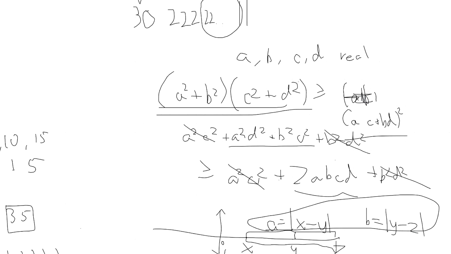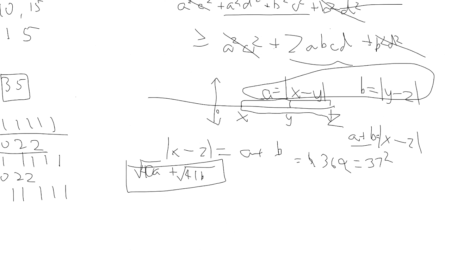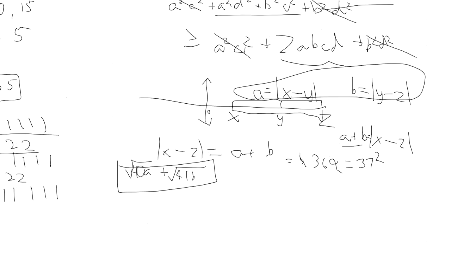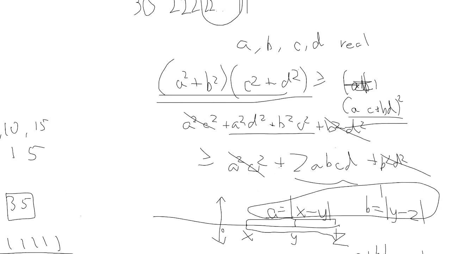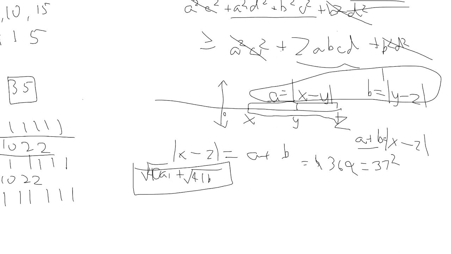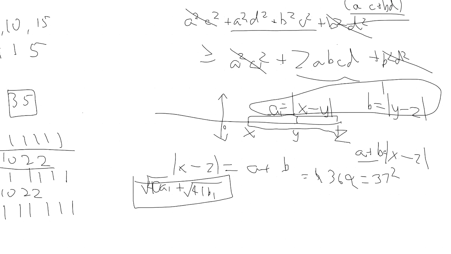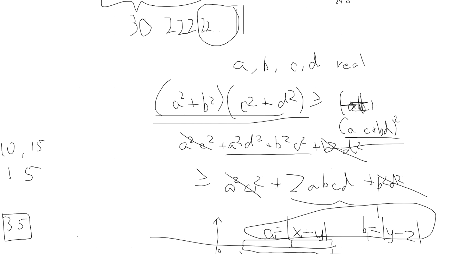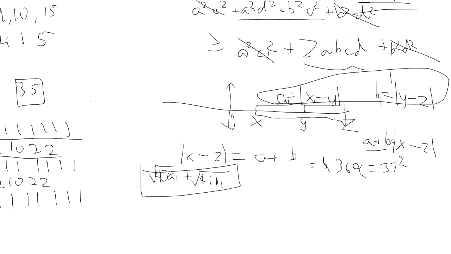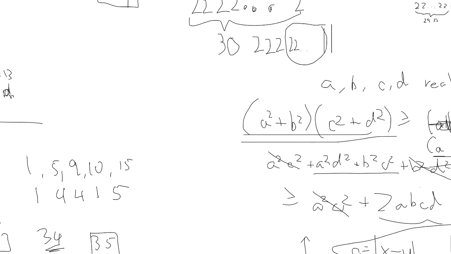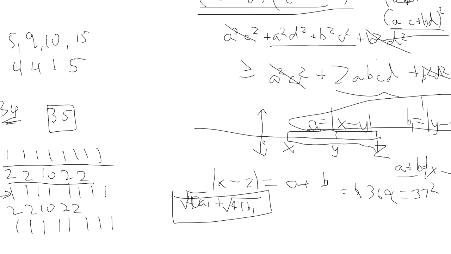And then for the values, oh, that's also A there, but let's let this be A1 and B1. So then we can let A in this thing be root 40 and B be square root A1, and then C be square root 41 and D be square root B1.